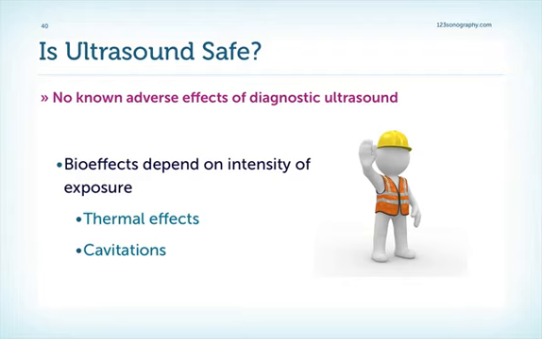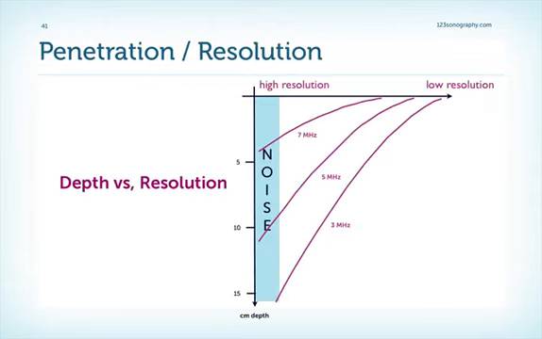You'll hear more about cavitations when we talk about prosthetic valve disease. But you can be reassured that ultrasound is safe. There are no reports of adverse effects. Still, we should try to keep the mechanical index and the output factors as low as possible, especially in fetal imaging.